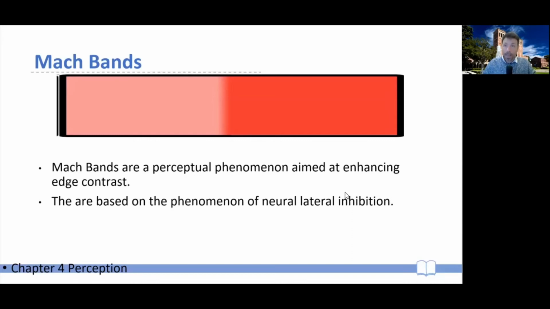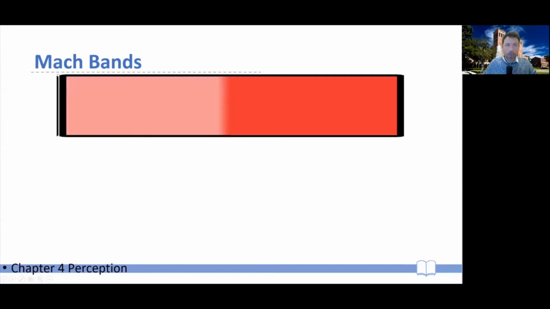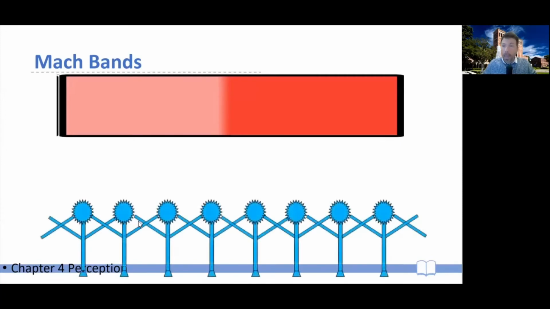The aim of it is to help enhance the presence of an edge or the contrast of an edge. Now, the interesting aspect of this is that it's purely based on neural machinery. In fact, it's based on a phenomenon known as lateral inhibition. Let me show you what I mean. So let's say that we have a number of neurons, and we're going to arrange them side by side.